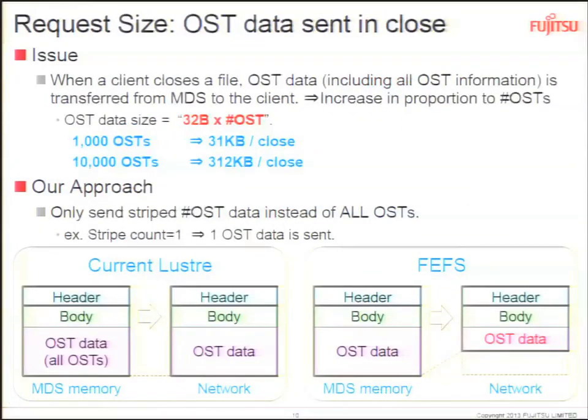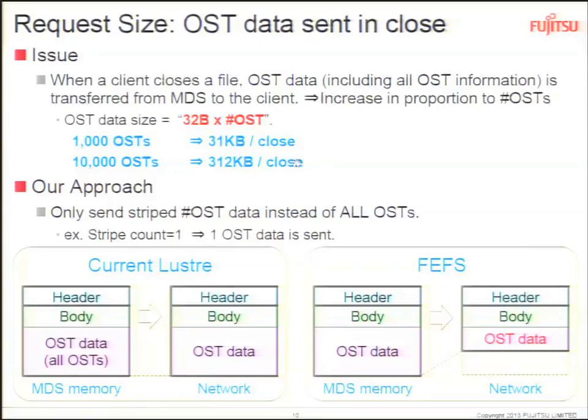The next one is the request size of OST data sent in close. When a client closes the file, OST data, including all the OST information, is transferred from the MDS to the client. This increases in proportion to the number of OSTs. With 10,000 OSTs, 312 kilobytes per close is needed and sent from the MDS to the client.